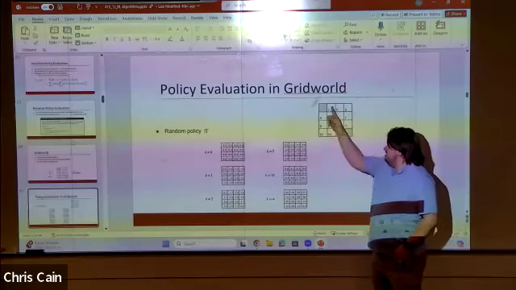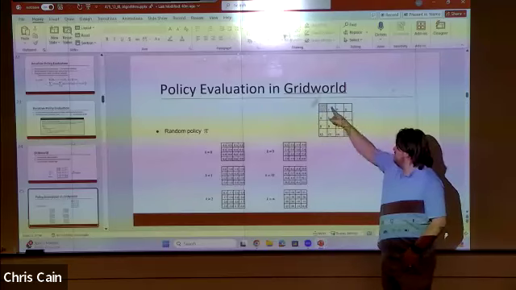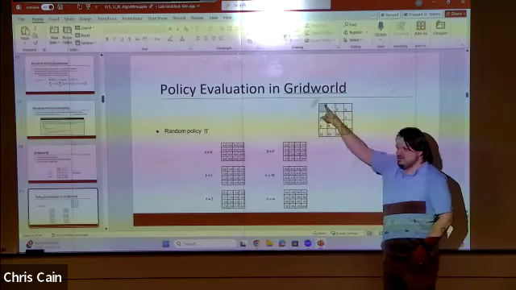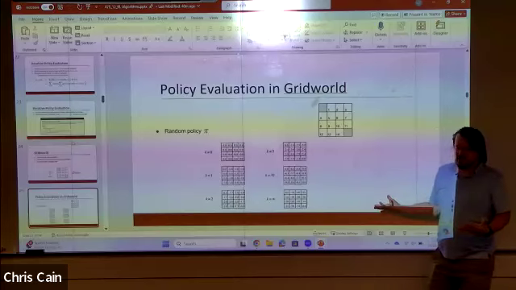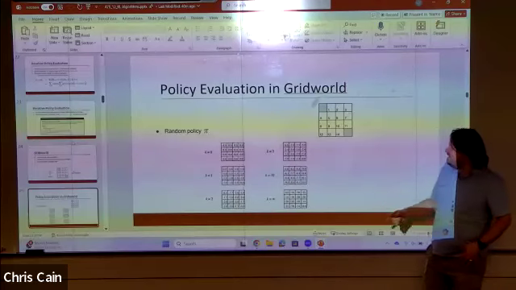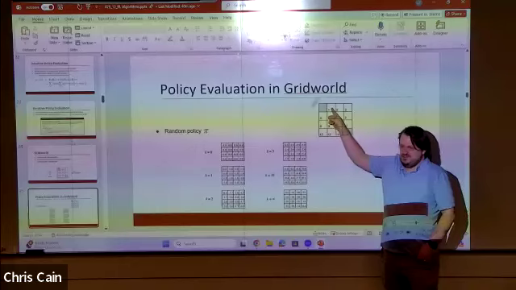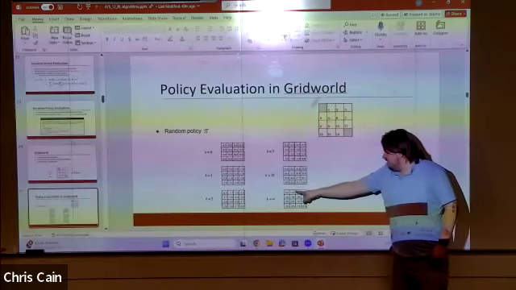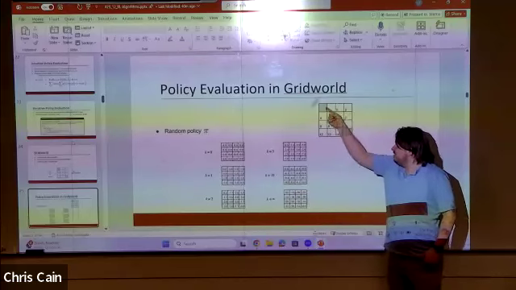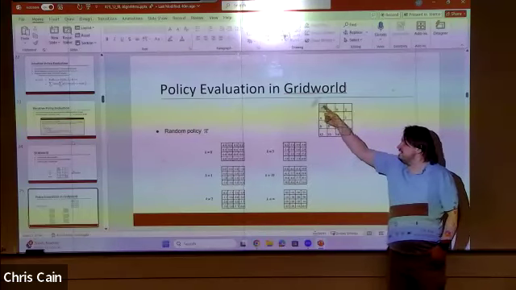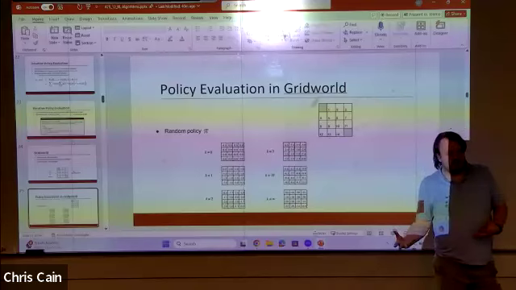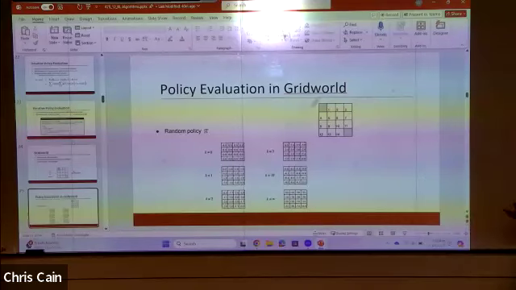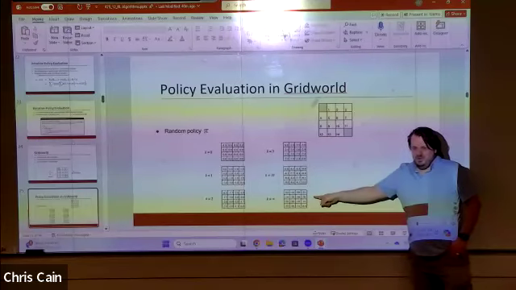The largest one, 0. So instead of 25% of the time doing any particular action, acting randomly, we can decide that this state's action should always be left. Then we go from a value of -14 to a value of -1, the cost of the transition to get there.